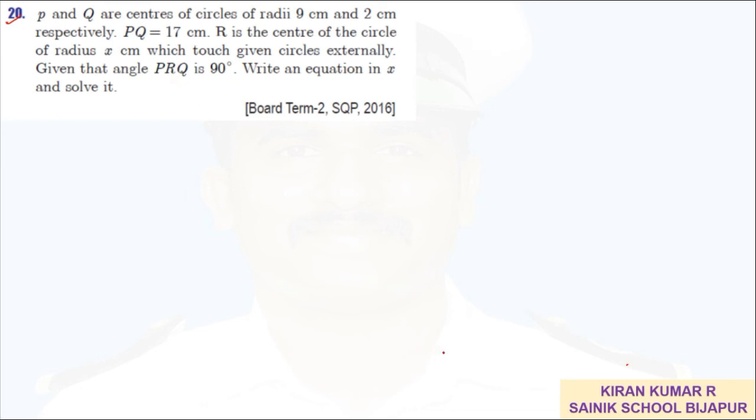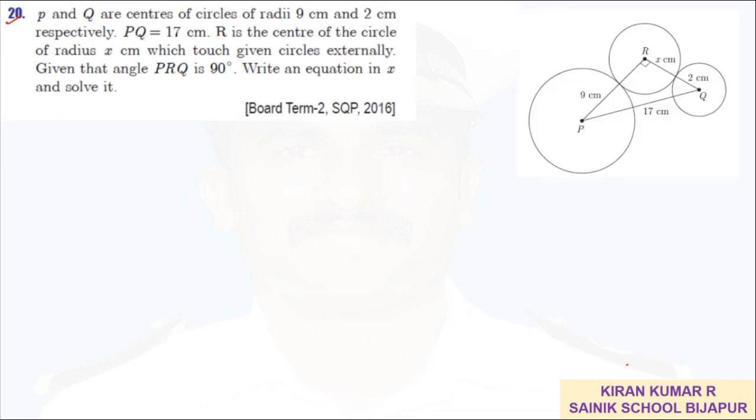Let me consider the diagram for this question. It would look like this. Here observe, P and Q are the centers of the circles whose radii are 9 cm. From here to here it is 9 cm. From here to here it is 2 cm.